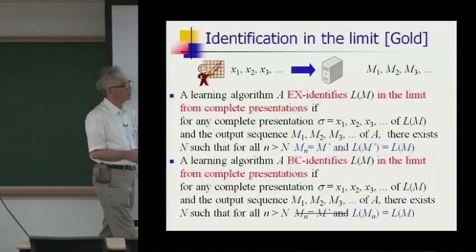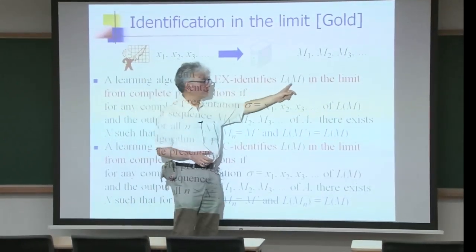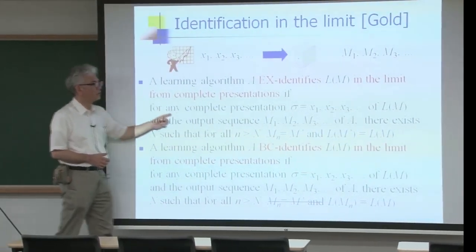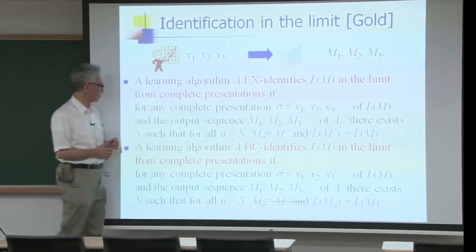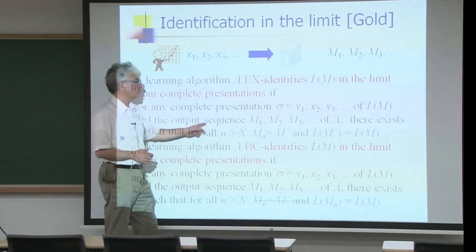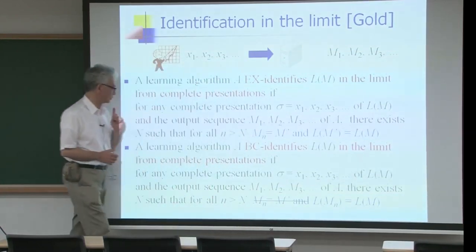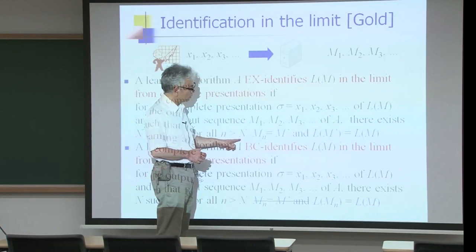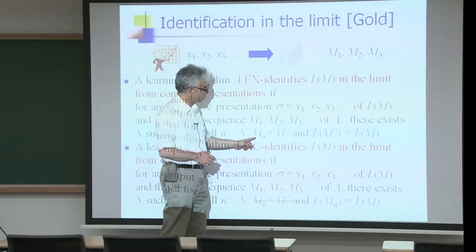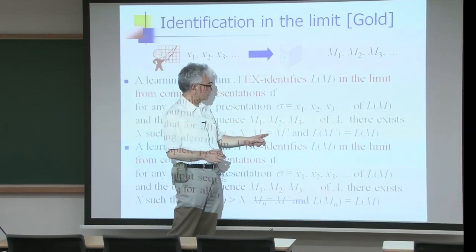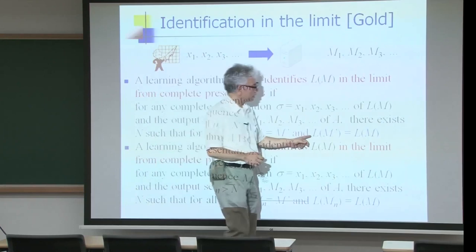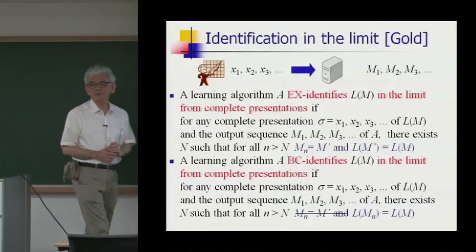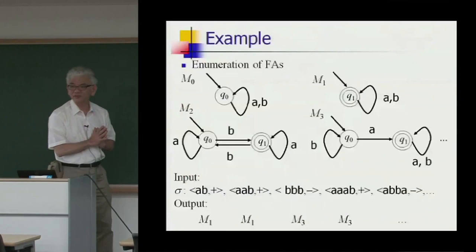A learning algorithm A EX-identifies L of M in the limit from complete presentations if for any complete presentation sigma of L of M and the output sequence M1, M2, M3 of A, there exists n such that for all n' more than n, the conjecture M of n' is some M prime where the language of M prime is equal to L of M. This is very complicated, but I will give an example.